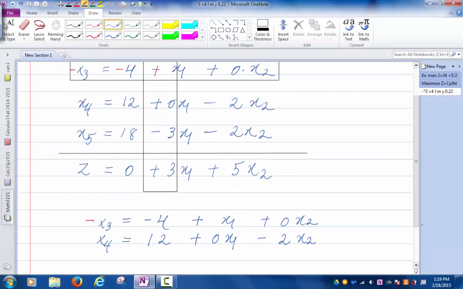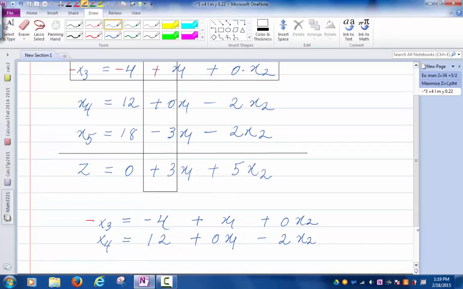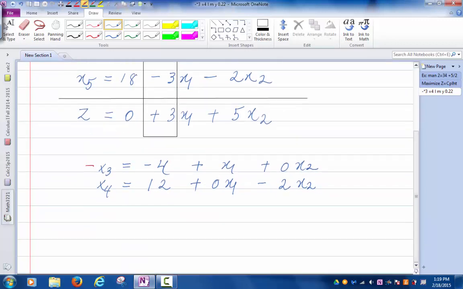Okay, now what should I do? What row operation should I do to make the last entry 0 in the third row? Well, I multiply the first equation by 3 and add it to the third row. So if I multiply the first one and add it to the third row, what do I get for x5?